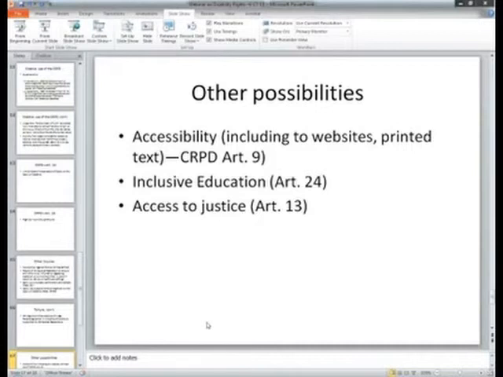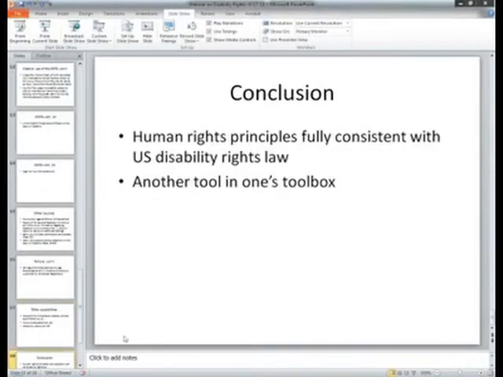Access to justice under Article 13, whether that's the ability to serve as witnesses in proceedings, to serve on juries, or the requirement that one be competent to understand proceedings against him or her, which the Handbook talks about in the immigration context. These are all situations where I think the CRPD can be useful. And when I say CRPD, in addition to the document itself, obviously the interpretations of it, both by academics and lawyers and otherwise, can be helpful as well.